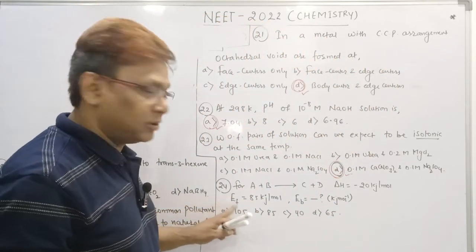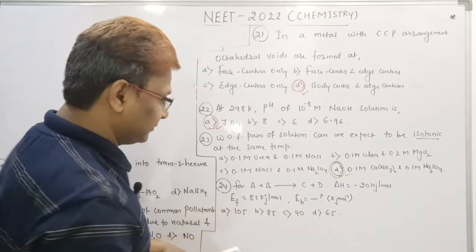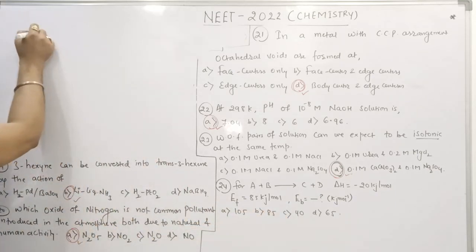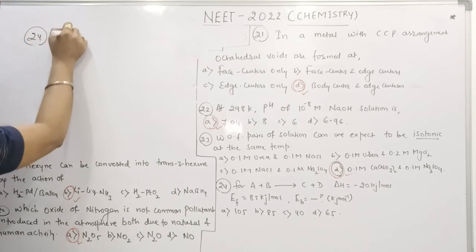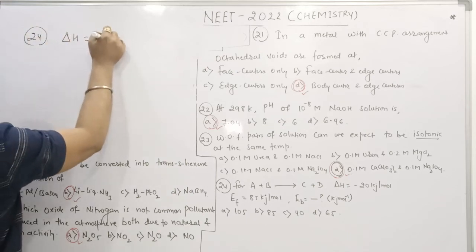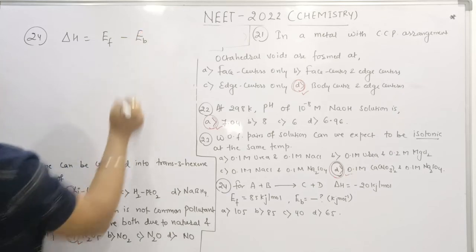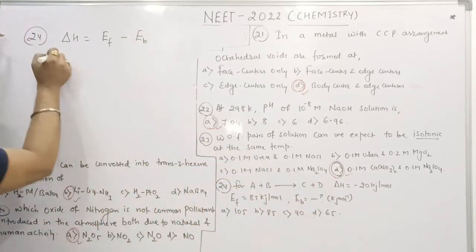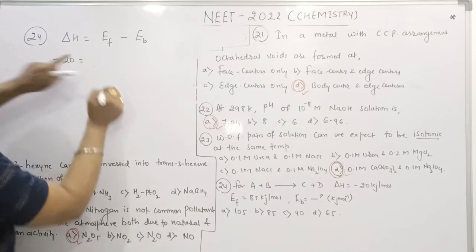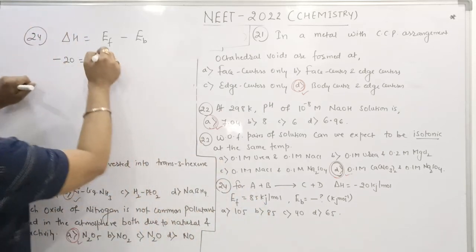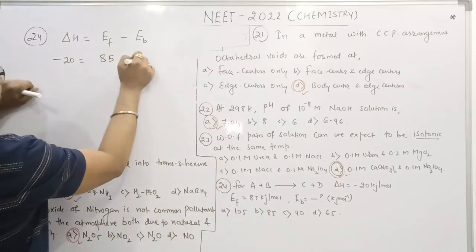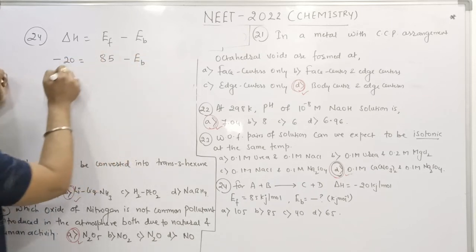Activation energy of forward is given, and they are asking the activation energy of backward. Very simple. For this question we can apply delta H is equal to activation energy of forward minus activation energy of backward. Delta H value is given as minus 20, activation energy of forward is given as 85.